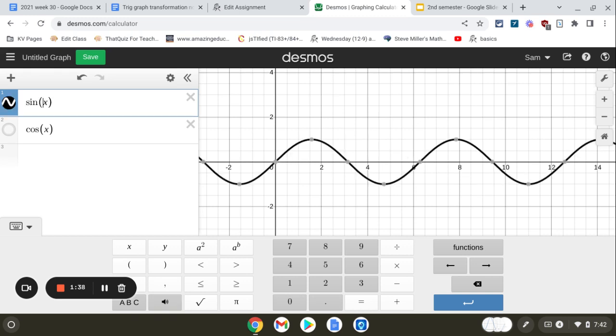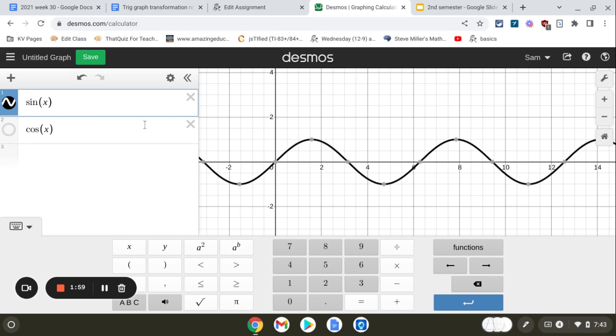Okay, so what I need to mention here is what they call a period. A period is how long it takes for the function to complete one cycle. So right there at 2 pi, that's under normal circumstances. Sine repeats every 2 pi units.